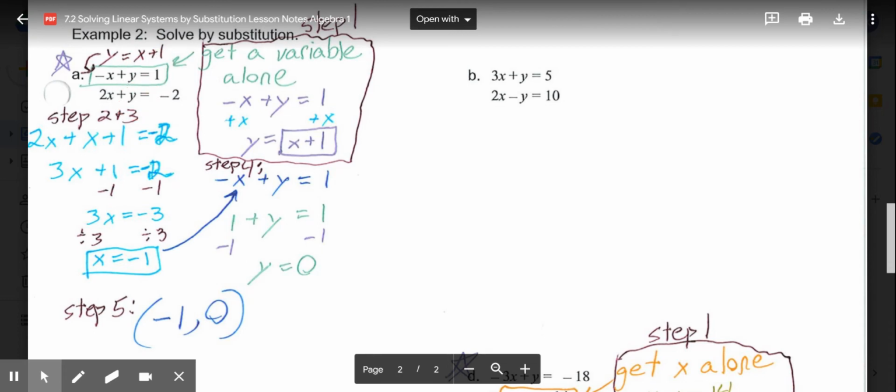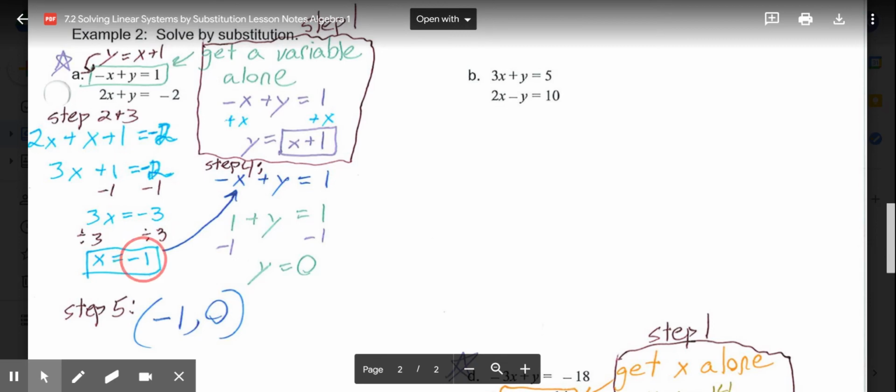So for steps 2 and 3, substitute in for y. So we have 2x plus x plus 1 equals negative 2. So that can be simplified to 3x plus 1 equals negative 2. Subtract the 1 from each side, divide by 3, and x equals a negative 1.